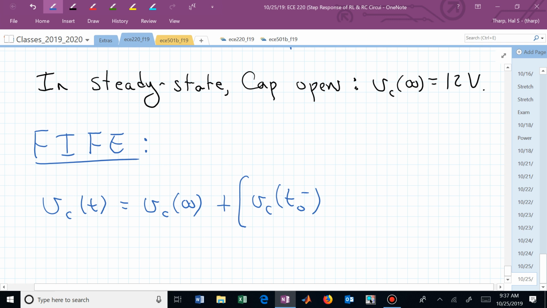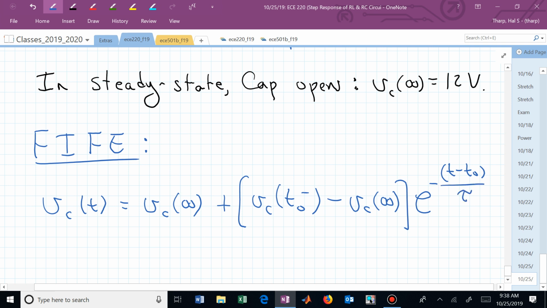We're going to call that V sub C of t sub 0 minus the final times the exponential e to the minus t sub 0 over tau.